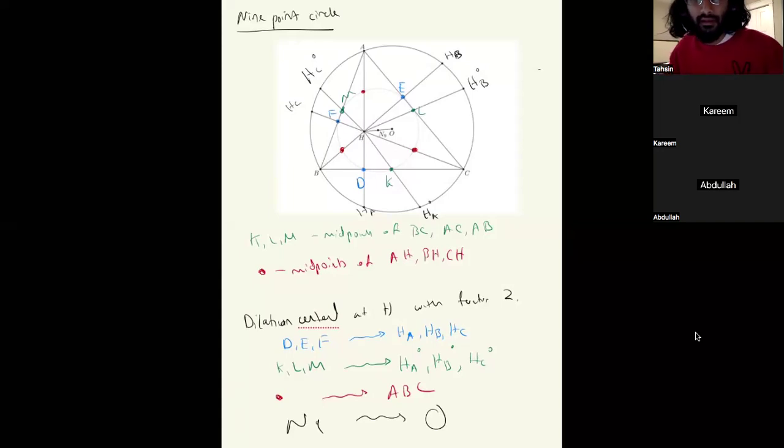Is the center H or O? Oh, you're saying the 9-point circle is centered at O? Kareem, I didn't understand what you said.